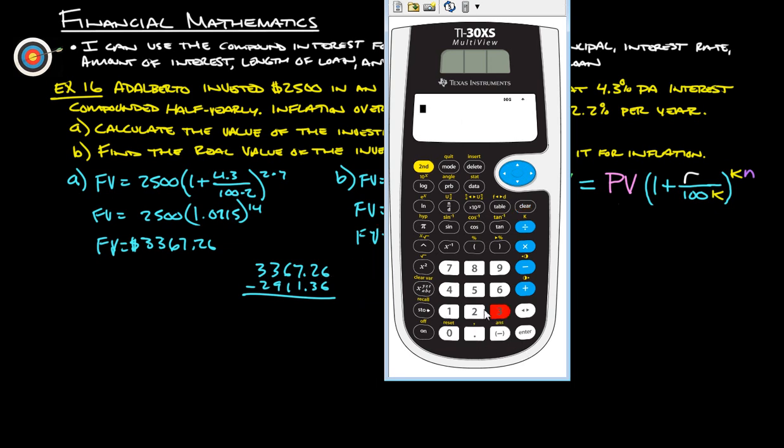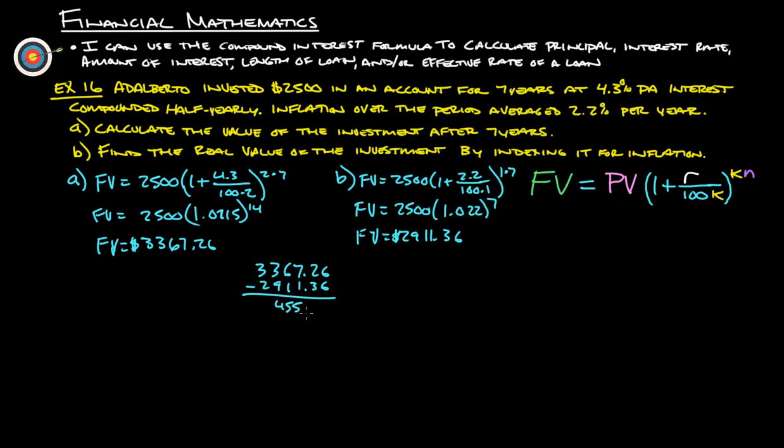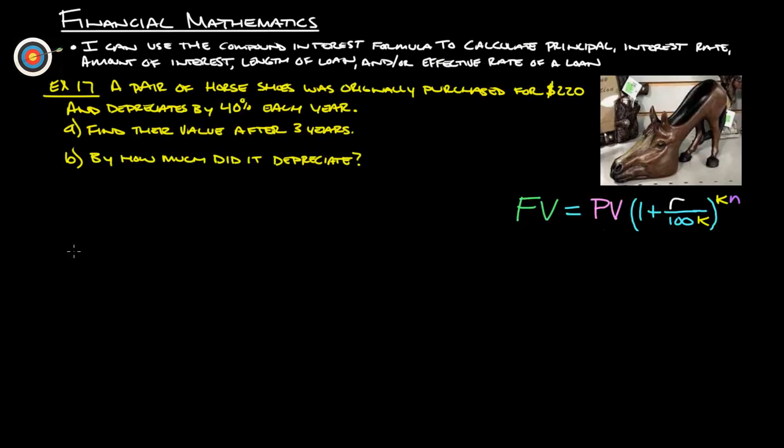So 3367.26 minus 2911.36 gives us really 455.90. That's what was really made over the 7 years. Okay? All right. Let's take a look at another example or two here.